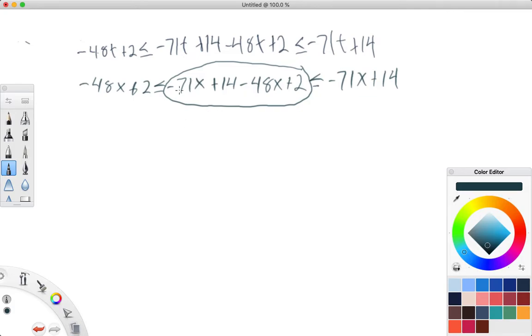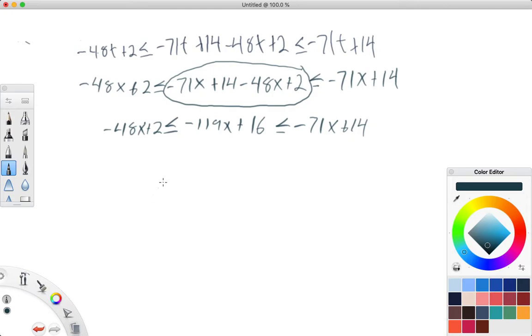So negative 71 minus 48 is, let's see, 119. So negative 119x and 14 and 2 plus 16 and negative 71x plus 14 and other side negative 48x plus 2.